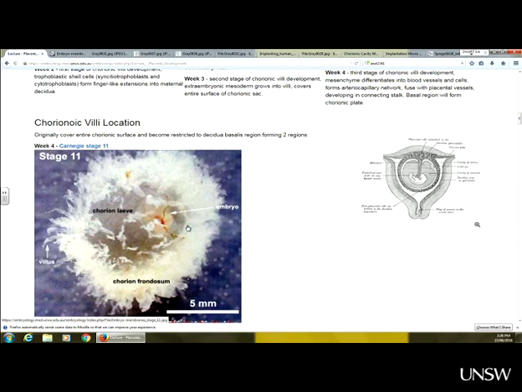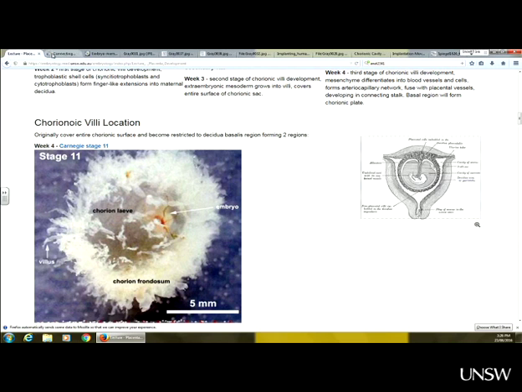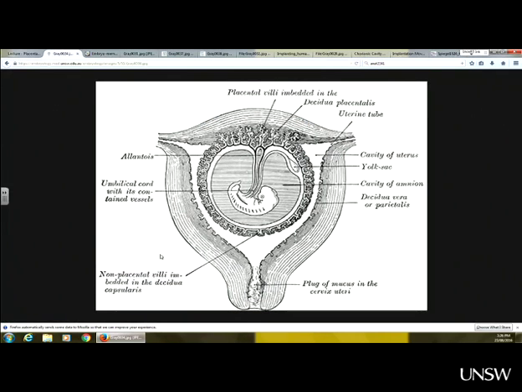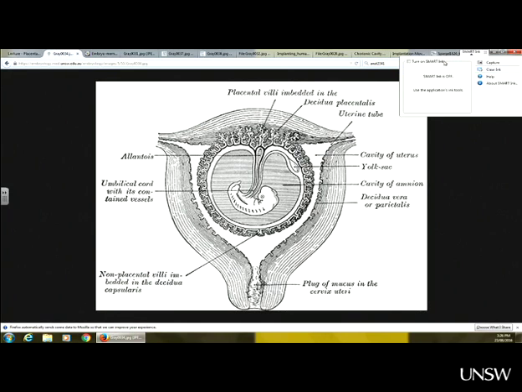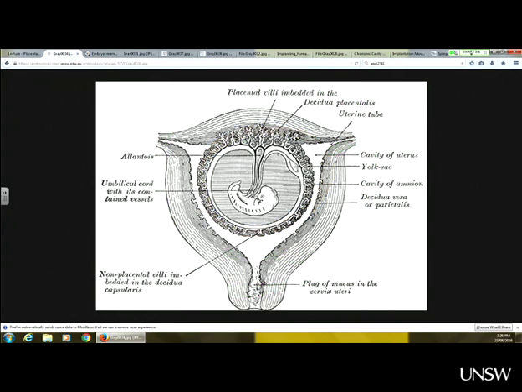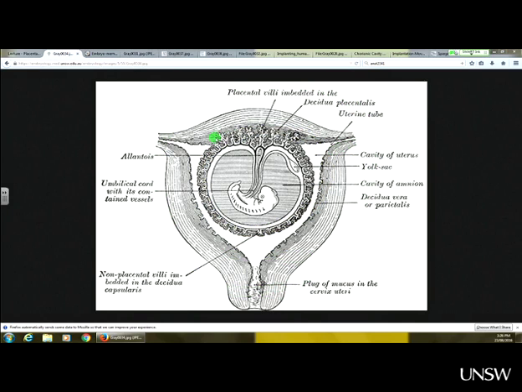Now, when we look at the uterine cavity, and here is a cartoon of the uterine cavity, we can see our chorion frondosum will be this region just here. So here's our chorion frondosum, just there, where lots of villi are found.